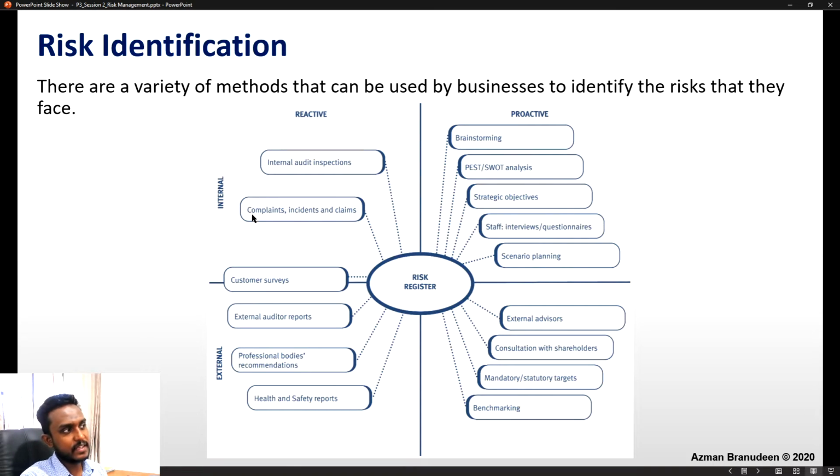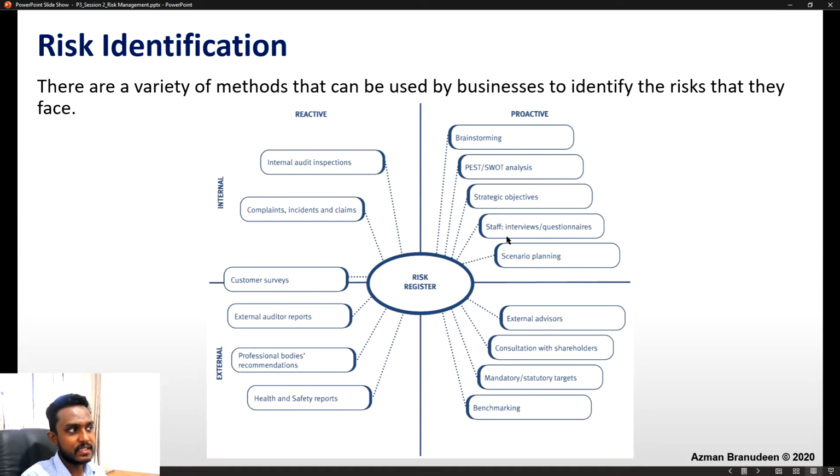You can classify them as internal and external, reactive and proactive. Proactive is before: you're doing this before something goes wrong. Reactive are things you can do after something goes wrong, after your risk exposure has become visible.